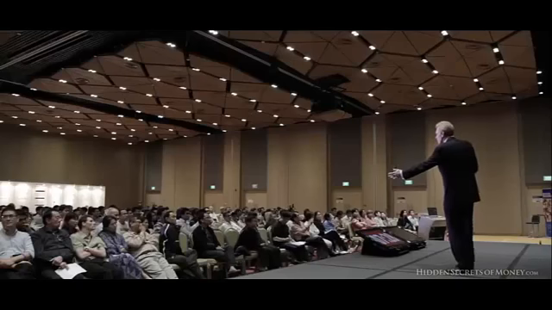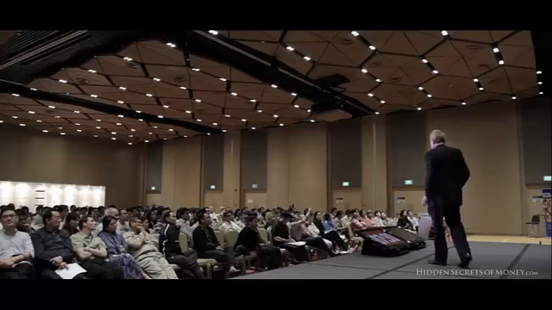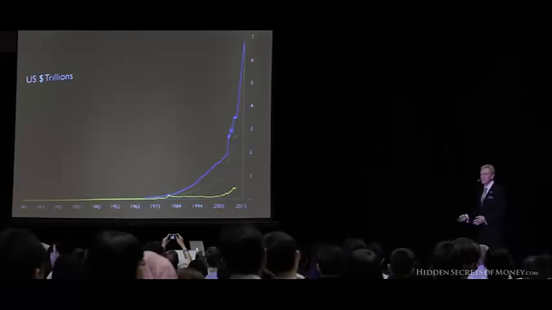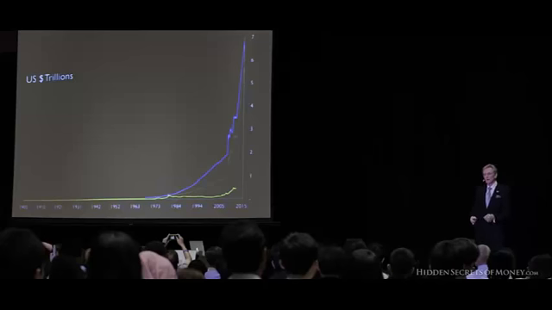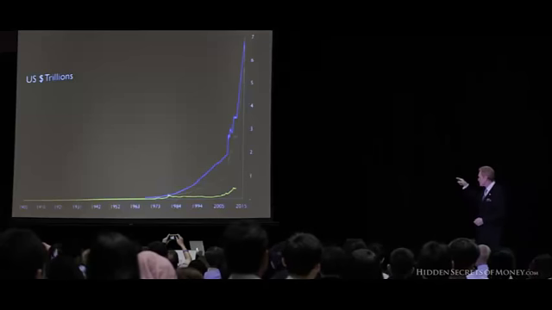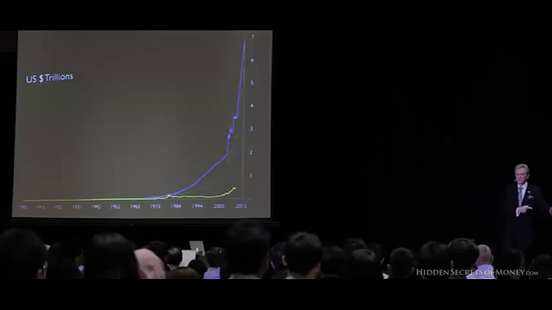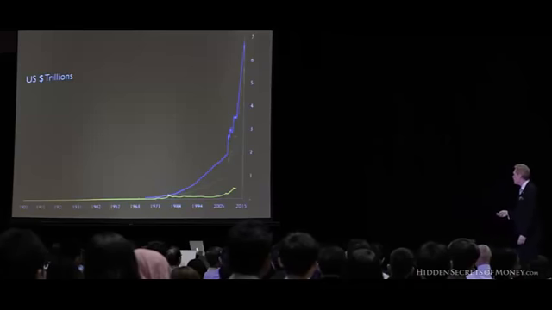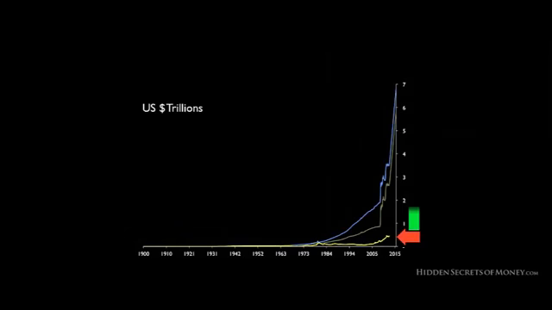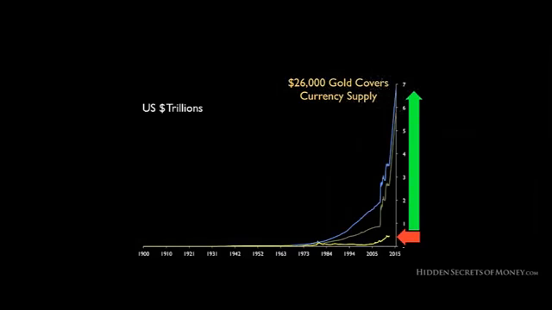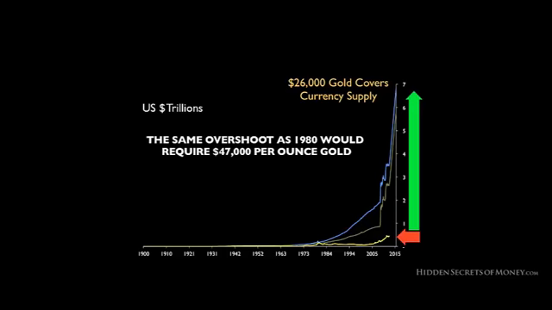So the projected price, according to the Fed and history repeating, if the public gets afraid of what the Federal Reserve is doing and they rush toward gold and silver to protect their purchasing power, gold would have to rise from there to way up here, and that is $26,000 per ounce gold to cover. If it does the same overshoot, we're talking about $47,000 an ounce gold.